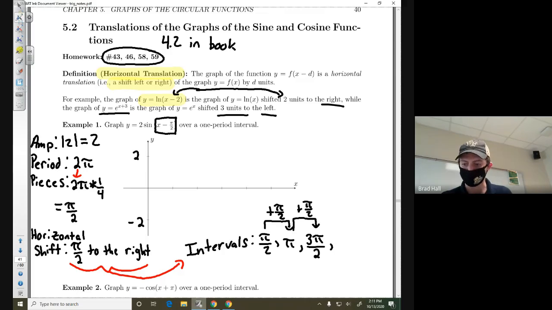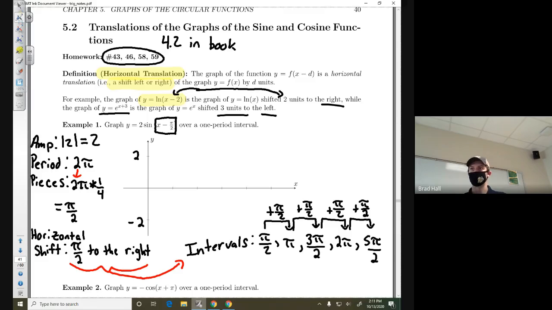Then to get the next one, you add pi over 2 again, because that's the piece value. So then you get 2 pi. Then we need one more. We need 5 in total. So pi over 2 is now added to 2 pi. That gives us 5 pi over 2.